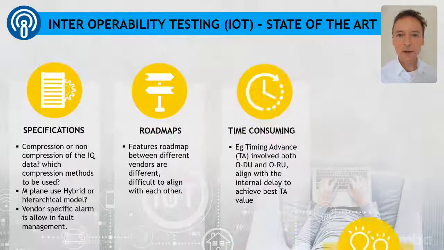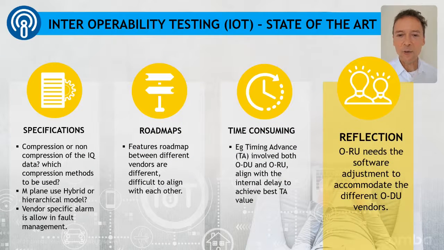This is the last topic I want to address for today: interoperability testing as it stands today. In reality, we are not where we want to be. I think we all dreamt the dream about plug and play. We would take DUs and RUs and plug them together and they would all work fine. Reality is something else. It takes lots of time to do this IoT testing. It's partly down to the standard.